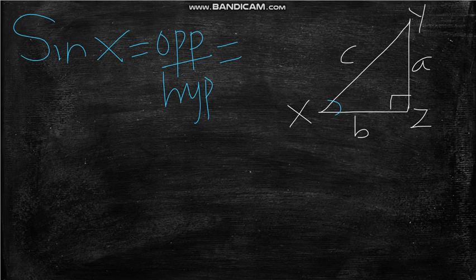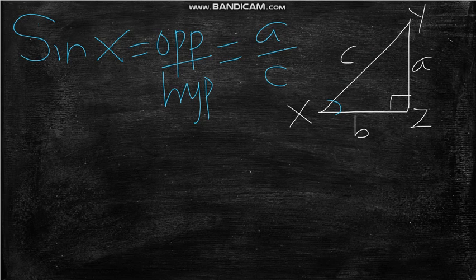The side x is pointing to is the opposite side, which is A. Then our hypotenuse is the longest side, which is C. So with respect to the angle x, sine x is A over C.